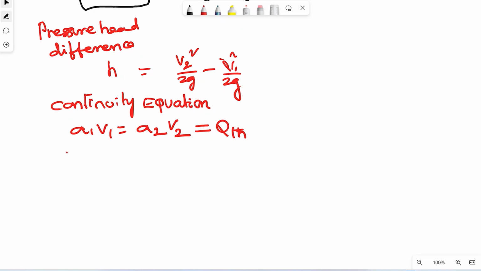Then V1 is equal to Q theoretical divided by A1, and V2 is equal to Q theoretical by A2.